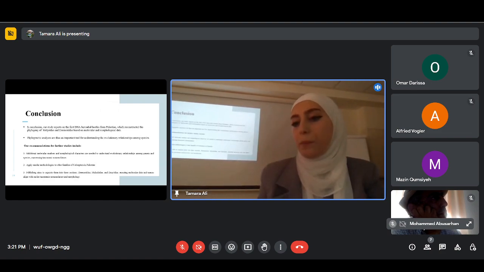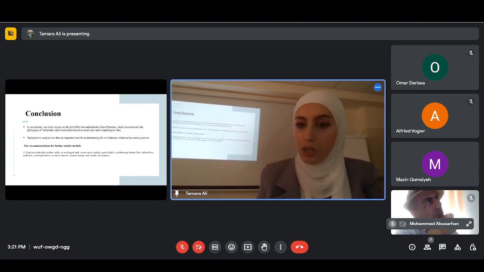Publishing aims to separate them into three sections, ensuring molecular data and names align with the earlier taxonomic nomenclature and morphology.